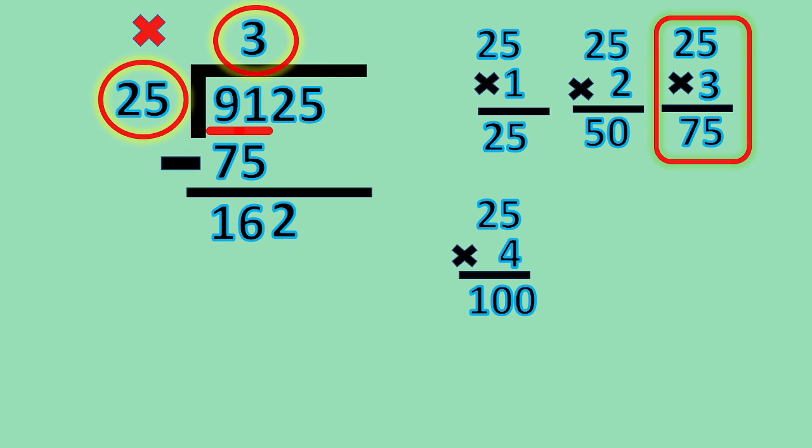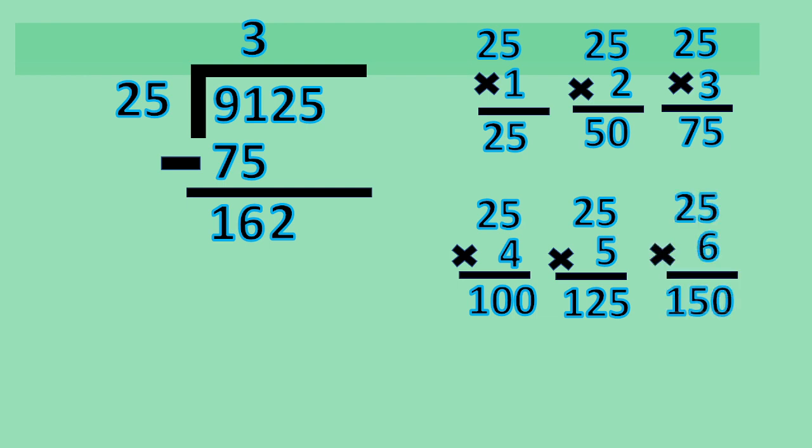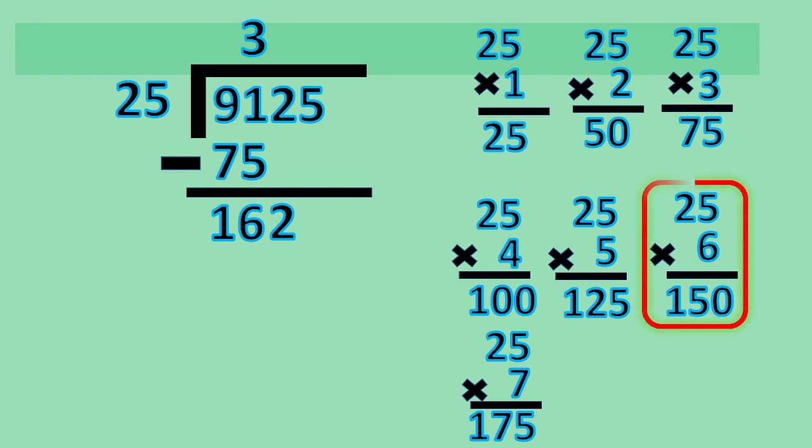So let's try 25 times 5 is equal to 125. Let's try 25 times 6 is equal to 150. Let's try 25 times 7 is equal to 175. Pretty close, but we went over. So we will use 25 times 6 is equal to 150.